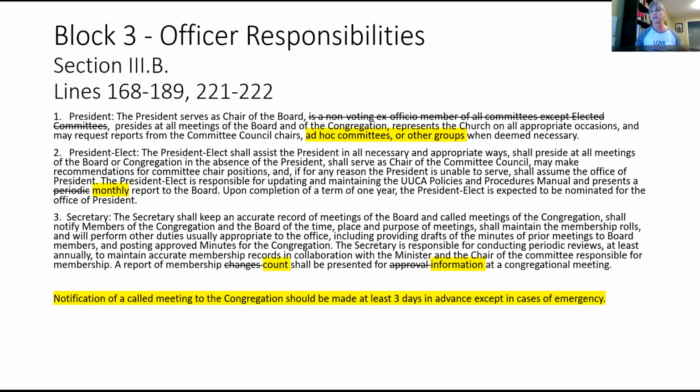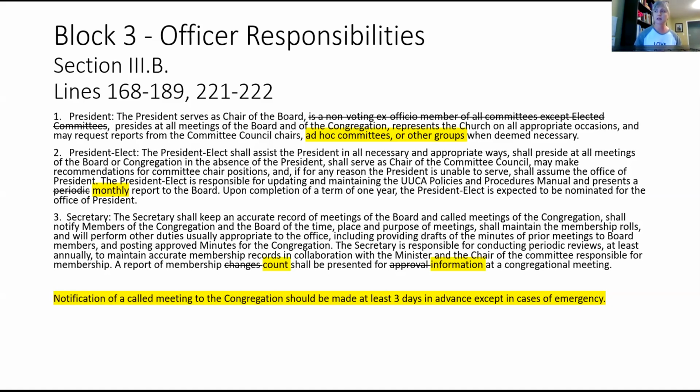The second thing in number 1 is that the board president may request a report from not just committee council chairs, but also ad hoc committees or other groups that they might need communication from.